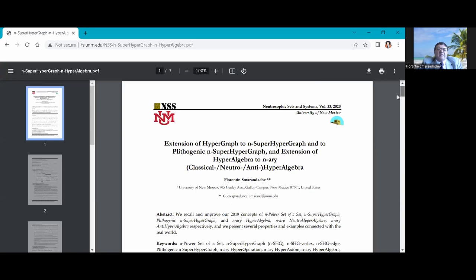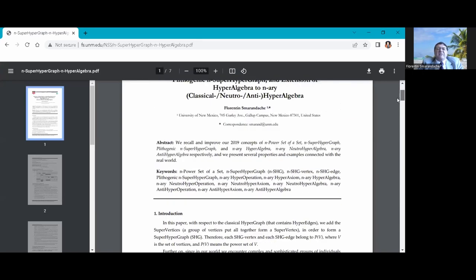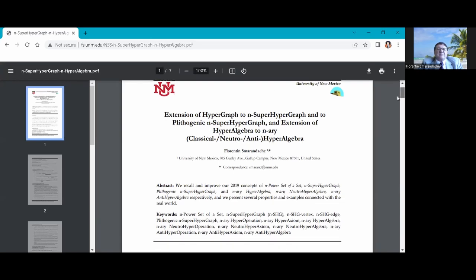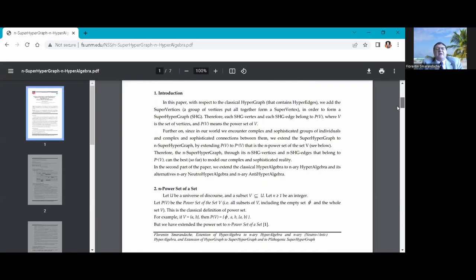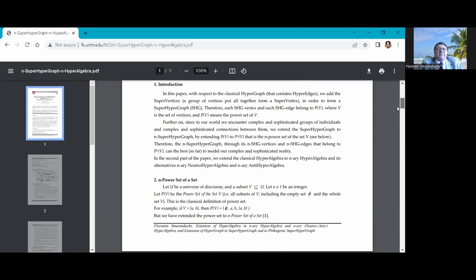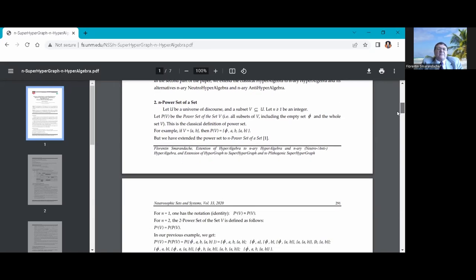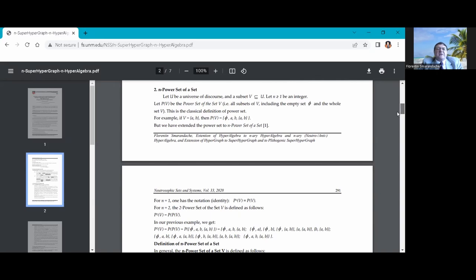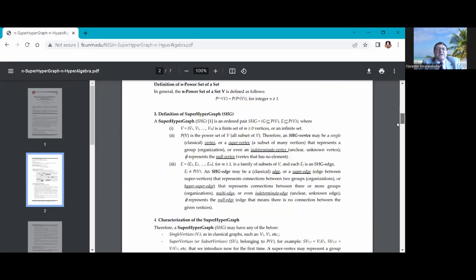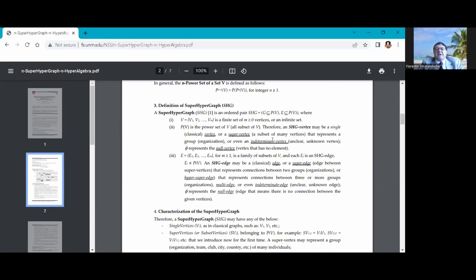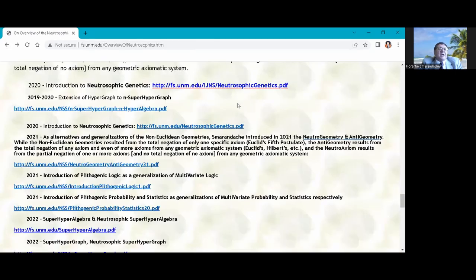The super hypergraph was defined as a general type of graph and an extension of the classical hypergraph. And the definition is here on this website. So we introduce, for example, the super vertex, indeterminate vertex, null vertex, and in the same way, super edge, and so on.